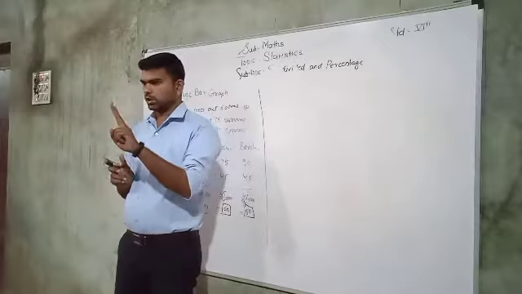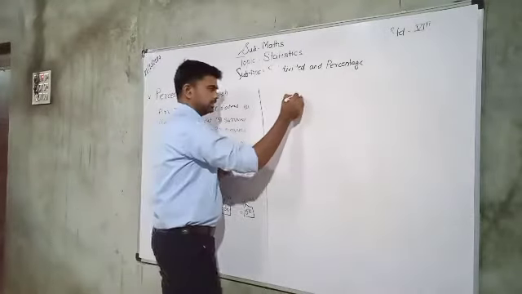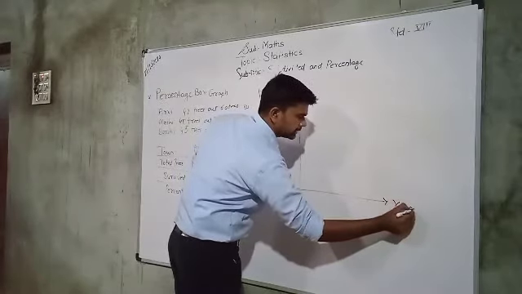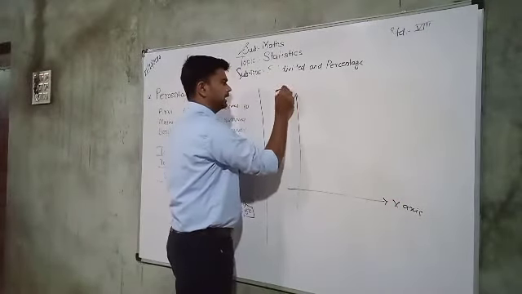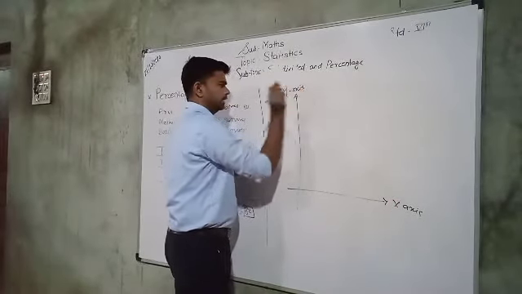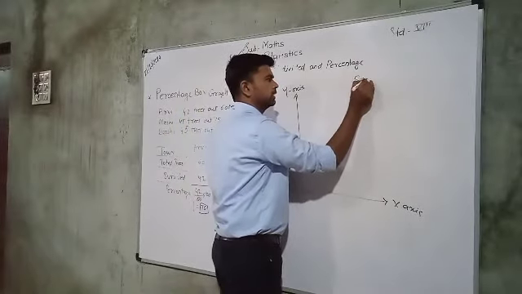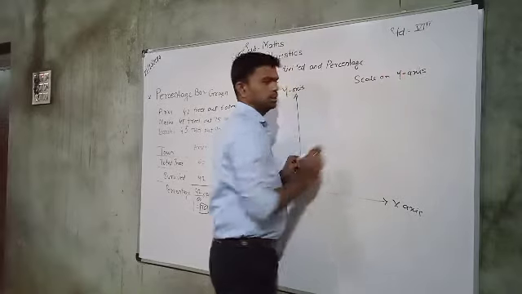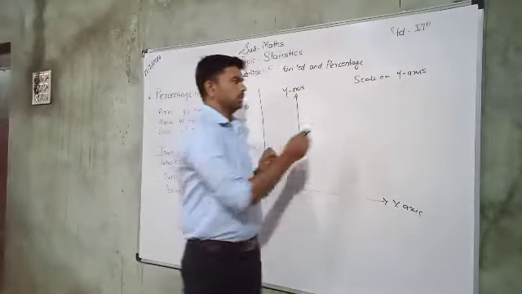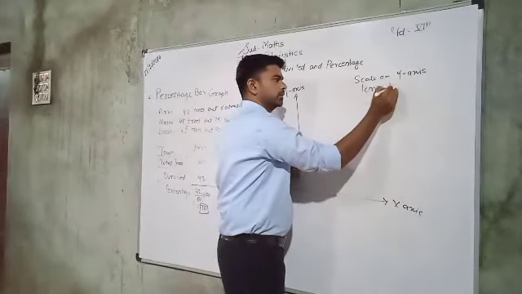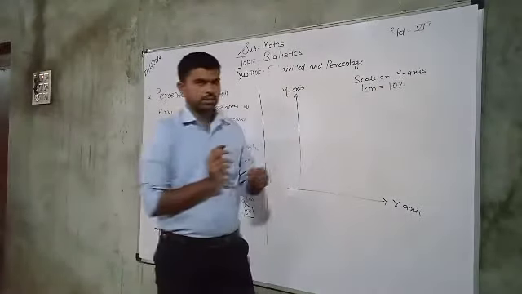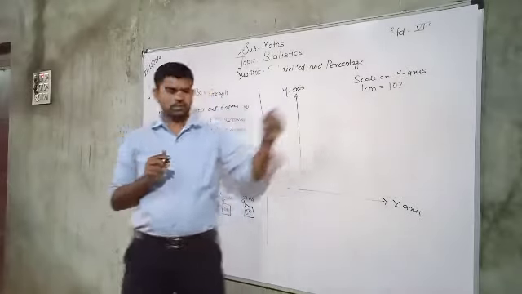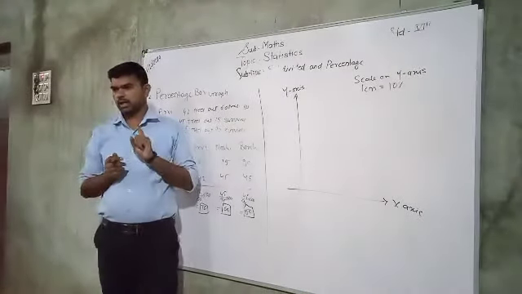Same thing, we have to draw 2 axes: x axis and y axis. Now we have to write the scale on the y axis. See, scale on y axis: 1 centimeter is equal to 10%. Why percentage? Because we are drawing a percentage bar graph.